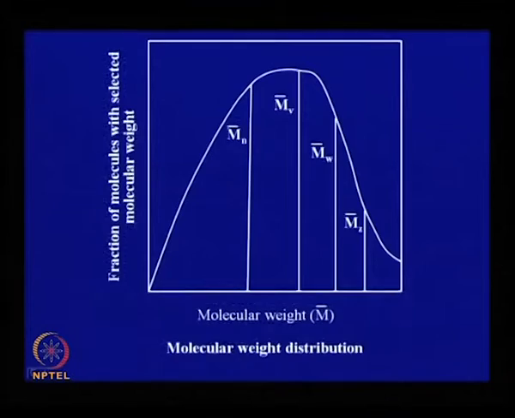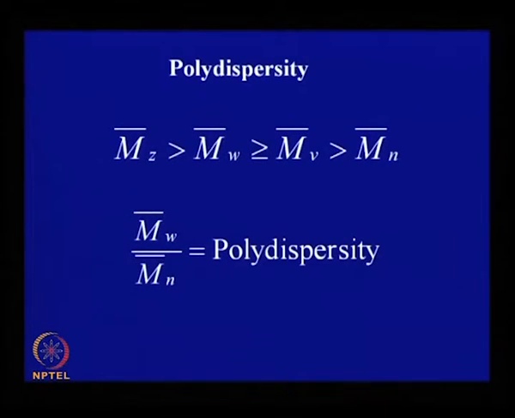So, the relation is, look at this: M z bar is greater than M w bar, which is greater than or equal to M v bar, which is greater than M n bar. M n bar is the lowest, and the ratio of these two parameters, M w bar over M n bar or M z bar over M n bar, is known as the polydispersity.